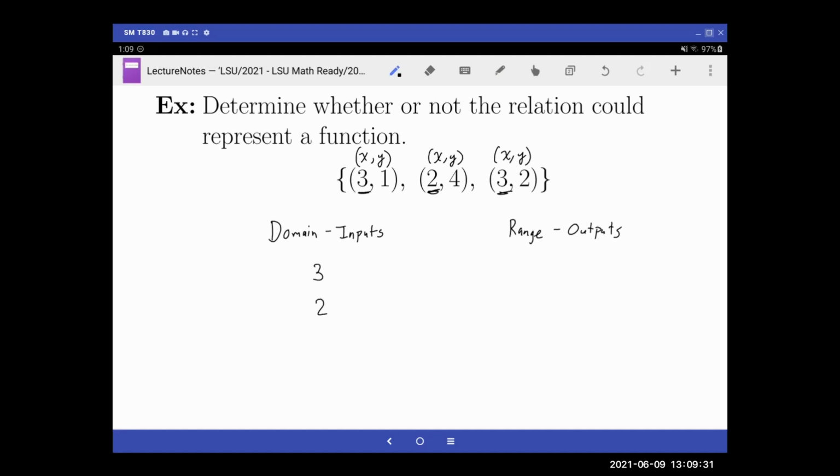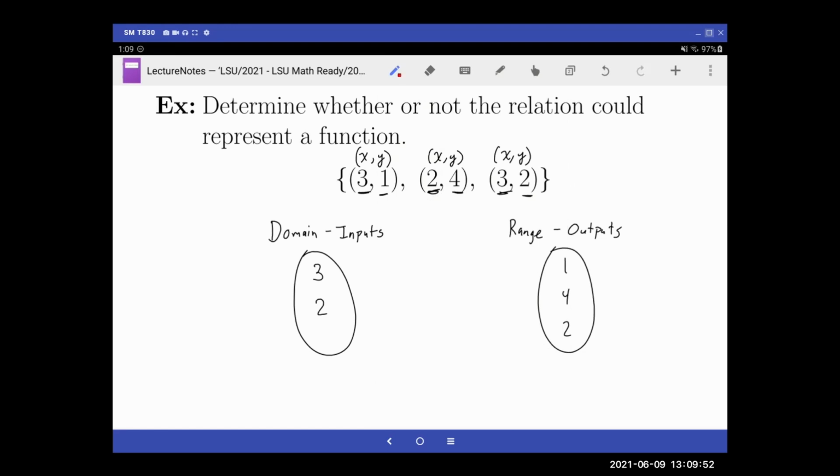Okay, and my range would be 1, 4, and 2. Okay, and so, you know, sometimes you see it drawn out like this, your domain and your range.